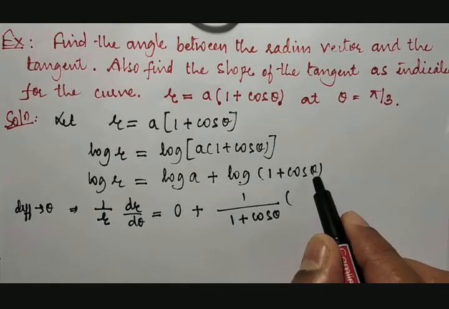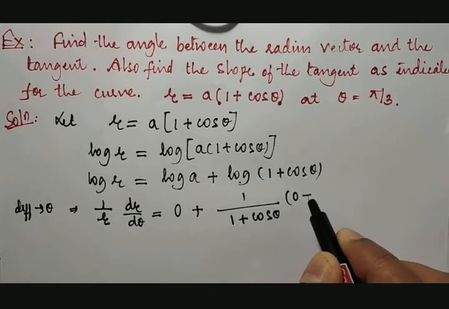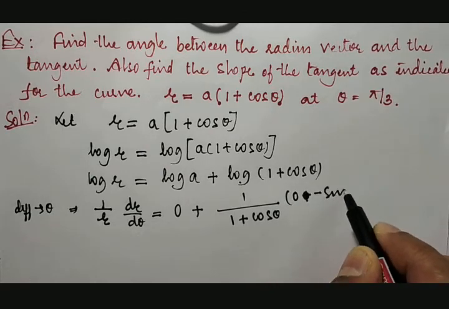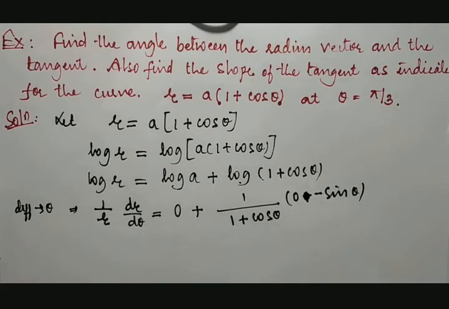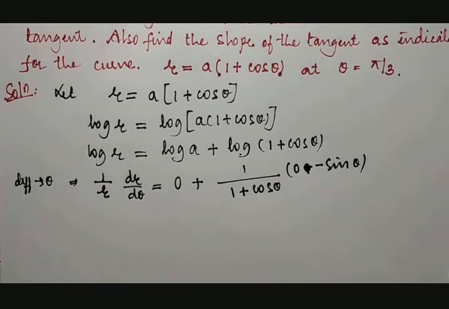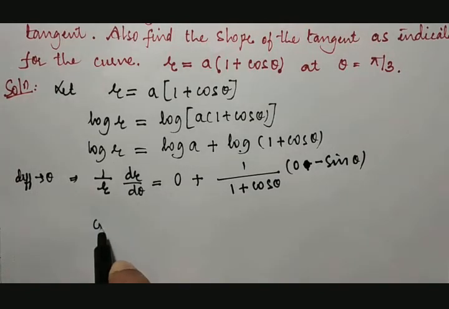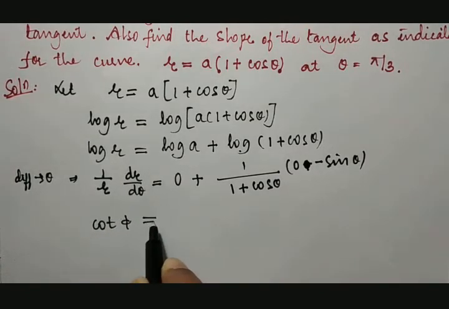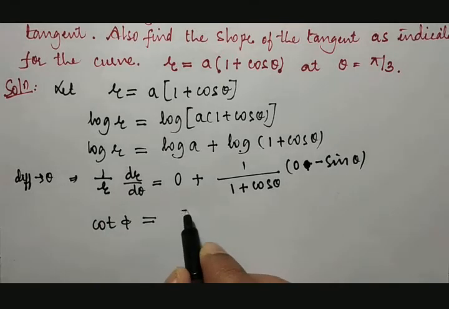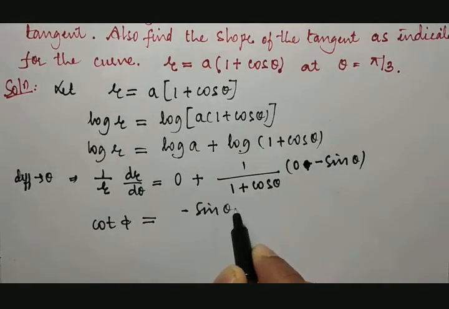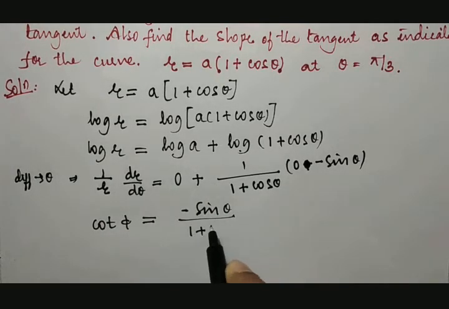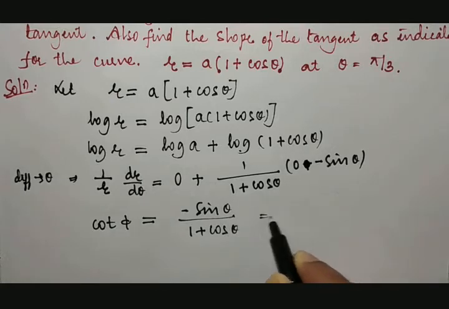Differentiation of this bracket with respect to theta will be 0 plus differentiation of cos theta, which is minus sin theta. Therefore, we know that 1 divided by r into dr by d theta will be taken as cot phi, which is equal to minus sin theta divided by 1 plus cos theta.